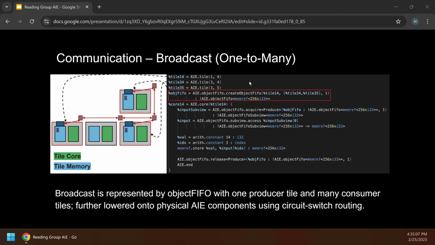The first tile produces some values, and I guess it produces an input buffer; this example is just randomly choosing entry 14 in that data transfer. It's choosing what's at index 3, and it's storing that 14 at that point, right? I don't know if I can understand that much.